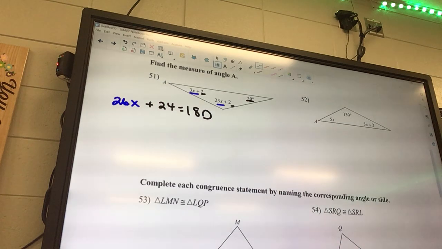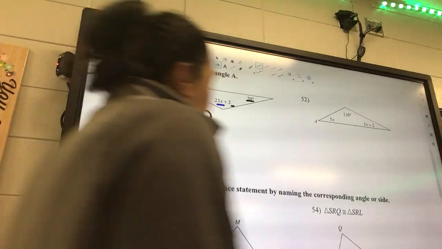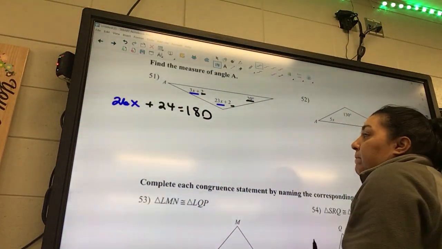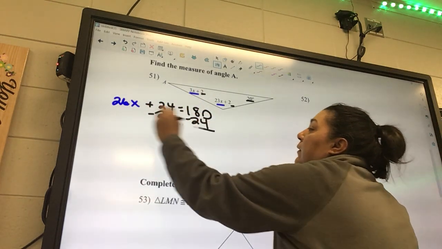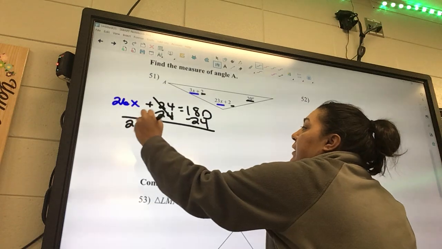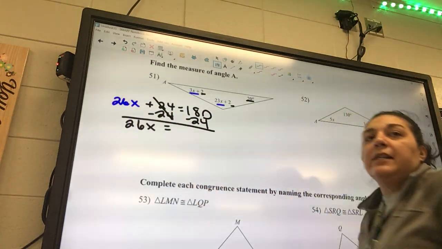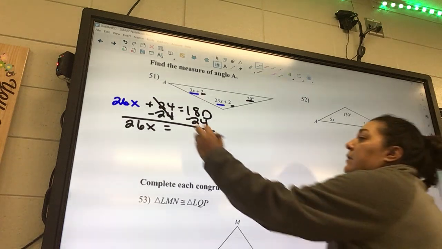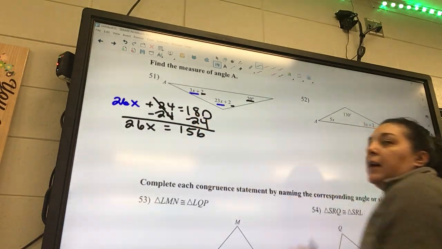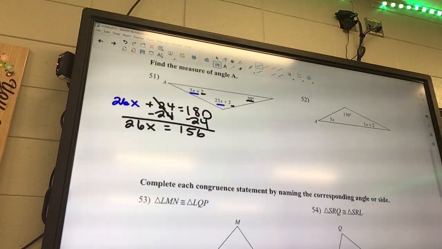Okay, so then what needs done? Minus 24 from both sides. So I got 26x. What is 180 minus 24? 156. Okay. Then what?